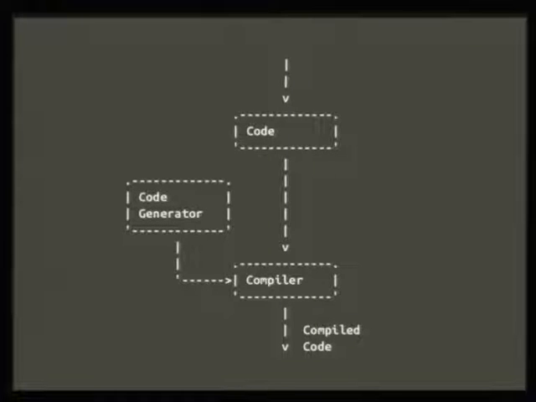Annotation processors are very similar. They work a little bit different. You stuff some code to the compiler. The compiler invokes annotation processors based on annotations in the code. Annotation processors can generate new code that will be again stuffed into the compiler, and this can even repeat.